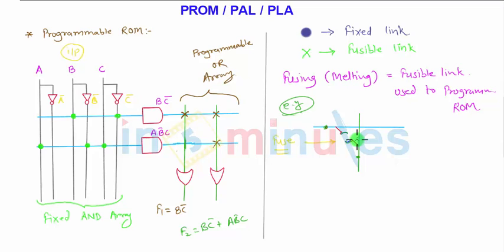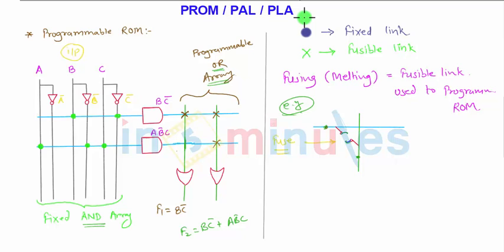Okay, now depending on this type of structure where an AND array and OR array are associated, depending on these combinations between AND array and OR array, whether there is a fixed array of AND or a programmable array of AND, it is divided into three sections: PROM, PAL and PLA.